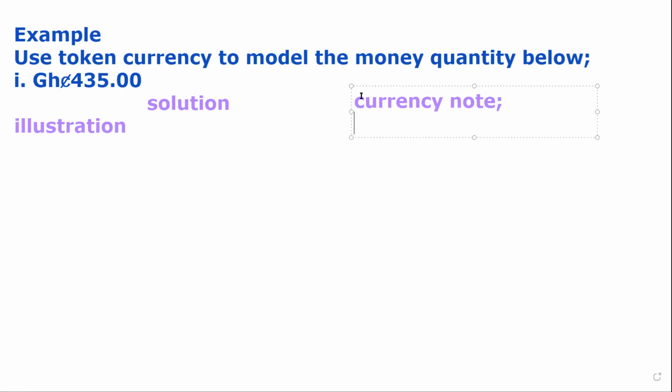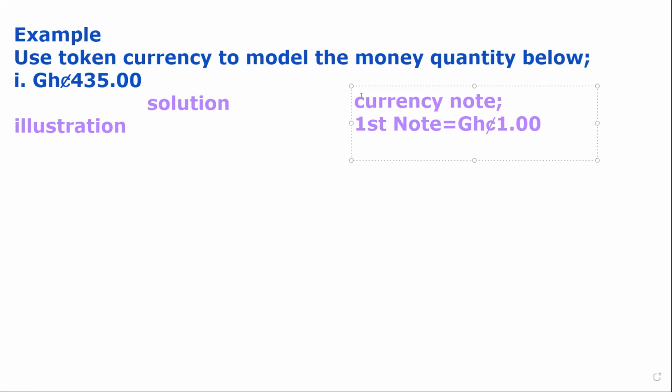Because the amount given ends with no zero, our minimum note is 1 Ghana cedi. So that will be the first note. The first note will be 1 Ghana cedi.